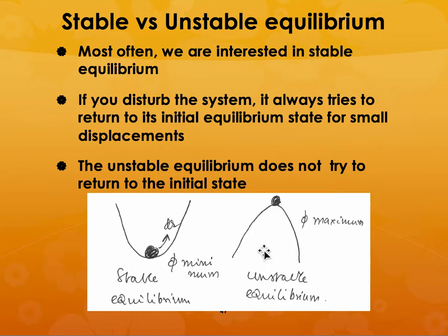But suppose you have it on the top of the trough and you give it a little nudge, it will roll down, then it won't be able to get back to that particular state. So there is a natural direction for this particular system, but there is no way for it to come back to the way it was before.